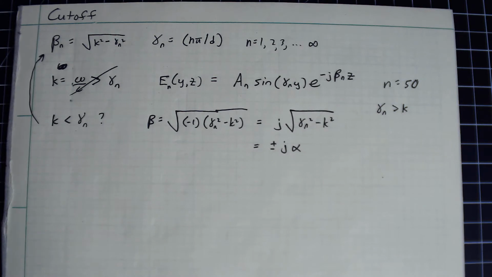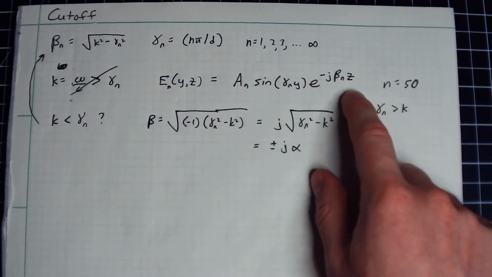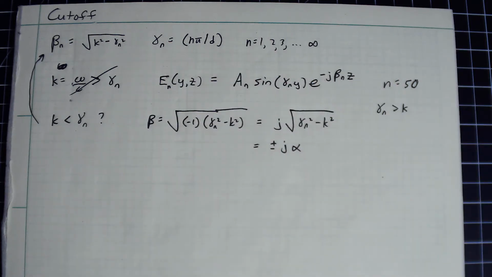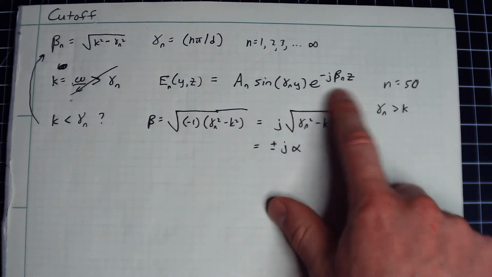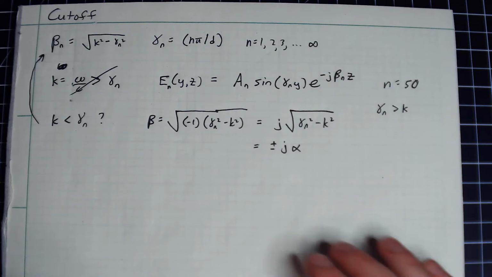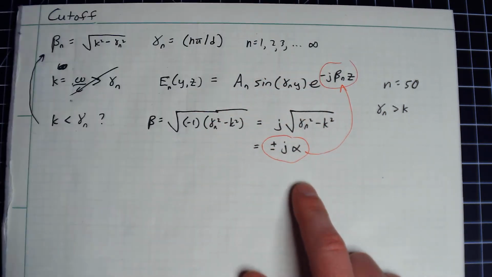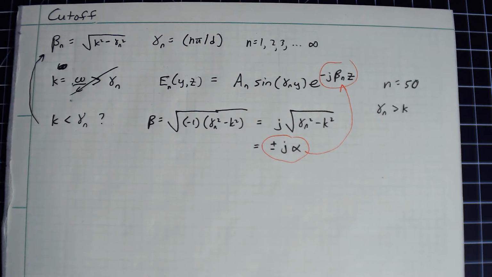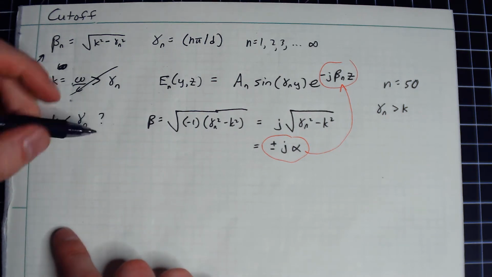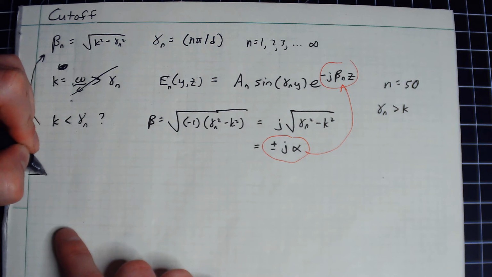So what does that mean for my mode here? Well, we write it out like this, and it's tempting to imagine some mode propagating along with some kind of phase dependence here along z. But if I now take this value and substitute it into here, what happens? You basically get a mode with the following solution. So let's write this out.